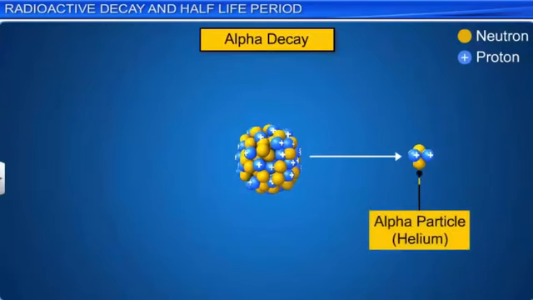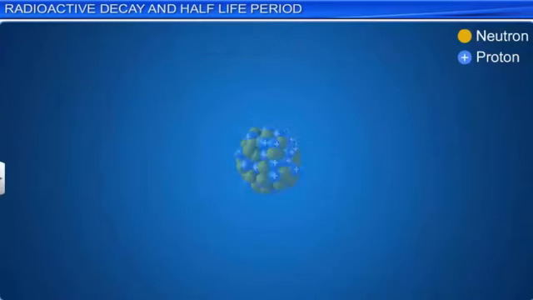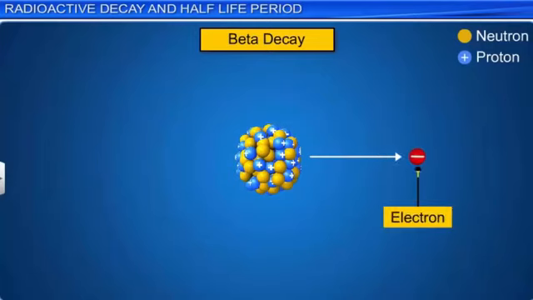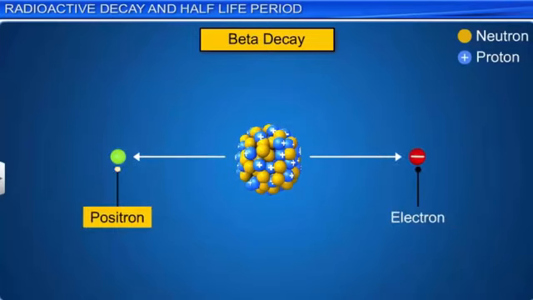In beta decay, a radioactive nucleus emits either an electron or a positron. A positron is a positively charged particle with mass same as that of an electron and magnitude of charge also exactly same as that on an electron.